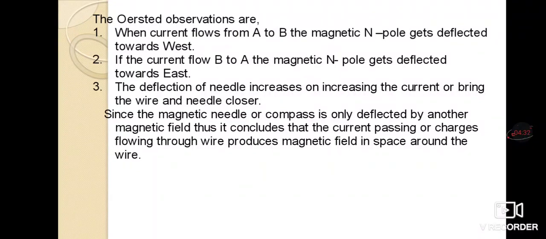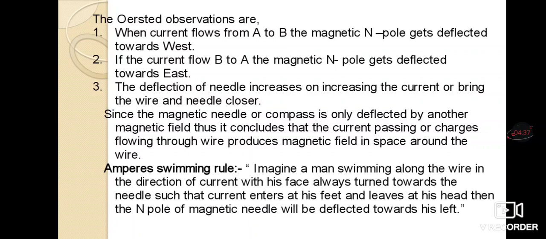So this is his conclusion, and the direction in which the magnetic needle is deflected is given by Ampere's swimming rule. The definition is: imagine a man swimming along a wire in the direction of the current, with his face always turned towards the needle, such that the current enters at his feet and leaves at his head.